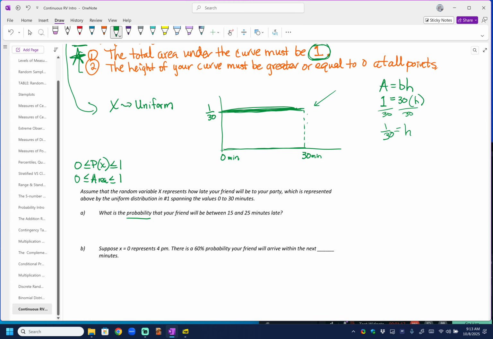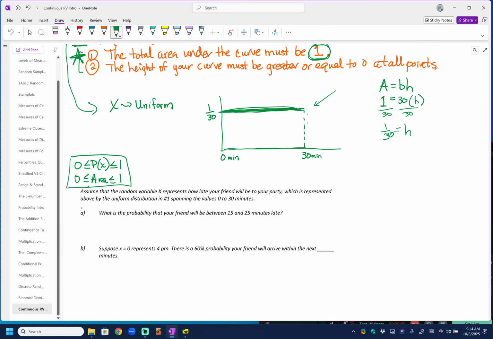If you look at these two things, there is a 1-to-1 correspondence between probability of something occurring and area underneath a PDF. So if I get a probability of 0.2, that means there's an area of 0.2 between those two values. This is very important to what we're doing right here. Therefore, back to our problem.